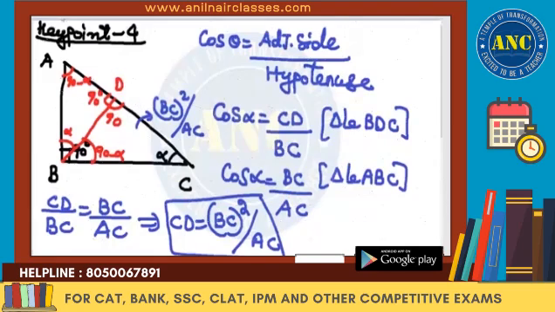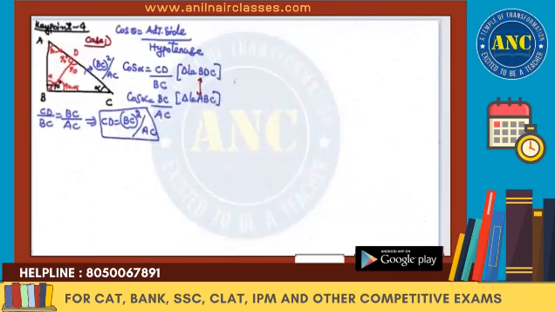Now this key point 4 is based upon two triangles, triangle BDC and triangle ABC. This is case 1. I took the bottom triangle and did it with the total triangle.